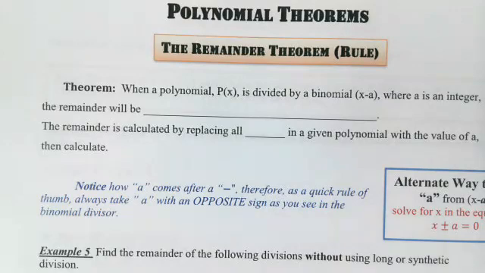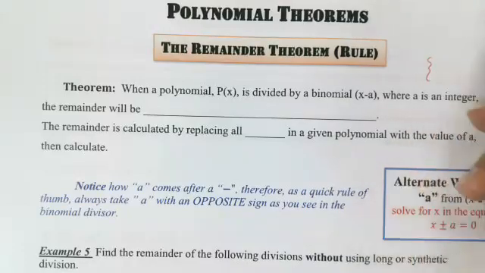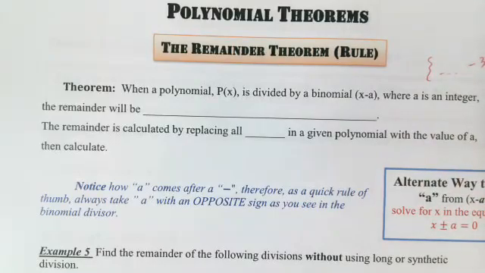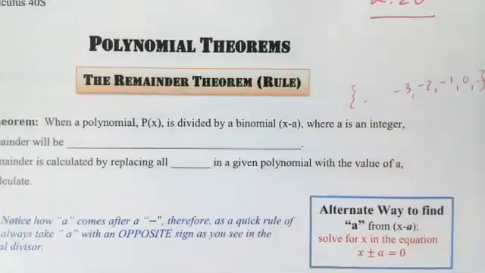Is it 0, meaning it's going to divide completely, or is it actually a number, meaning it's going to have a remainder? Okay, so when a polynomial p of x is divided by a binomial x minus a, where a is an integer, integers are these numbers: dot, dot, dot, -3, -2, -1, 0, all the way to positive infinity like that.